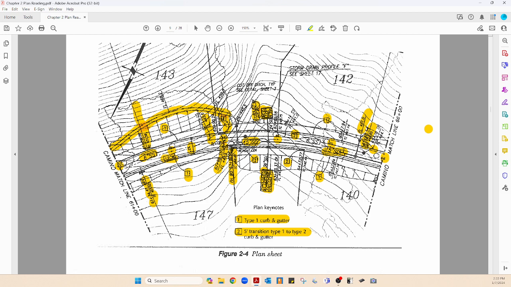This cross drain goes from a 24-inch to a 36-inch pipe as it picks up water running down from the slope and out the other end. It goes from a 24 to a 36. That's a big pipe coming out over here.